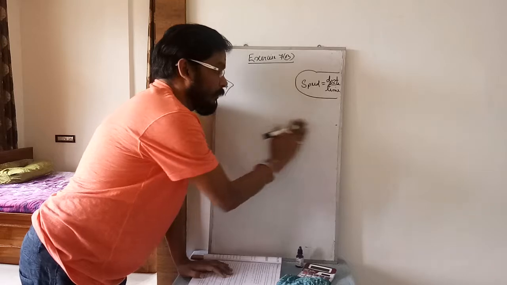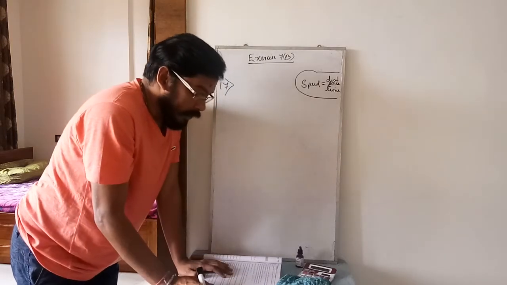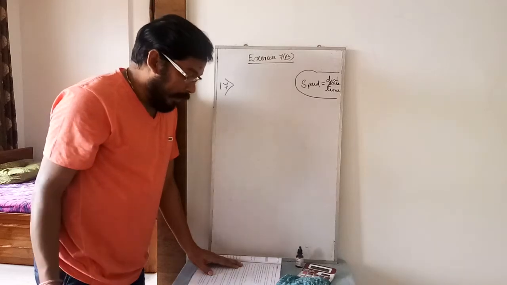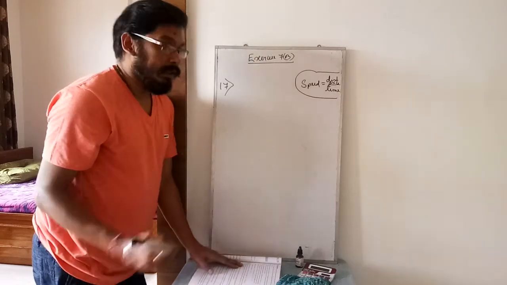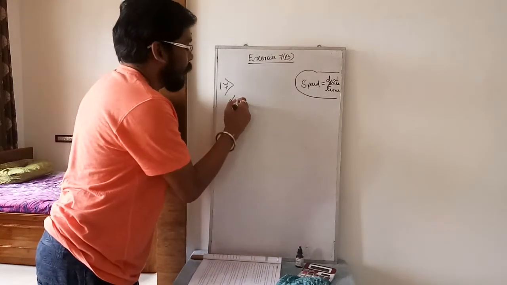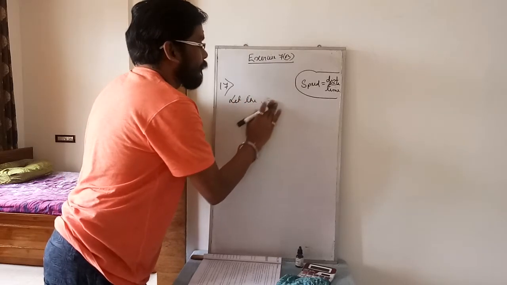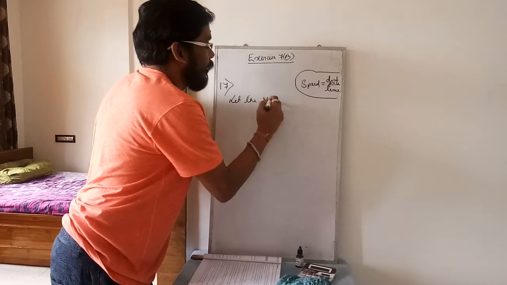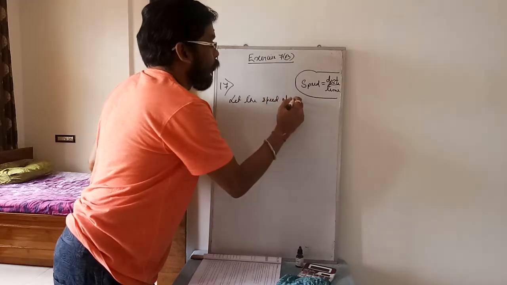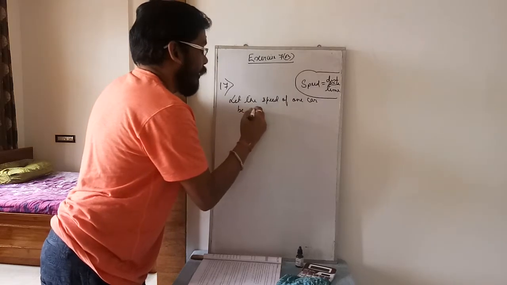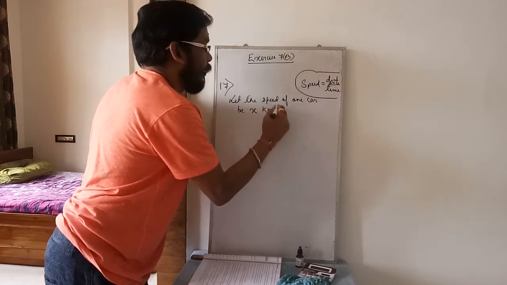First you have to consider the speed. The speed of one car is 5 km per hour more than that of the other. So let me write. Let the speed of one car be x kilometer per hour.